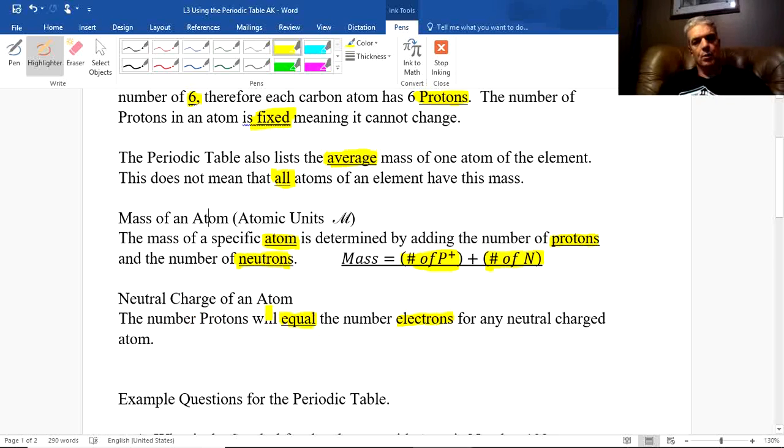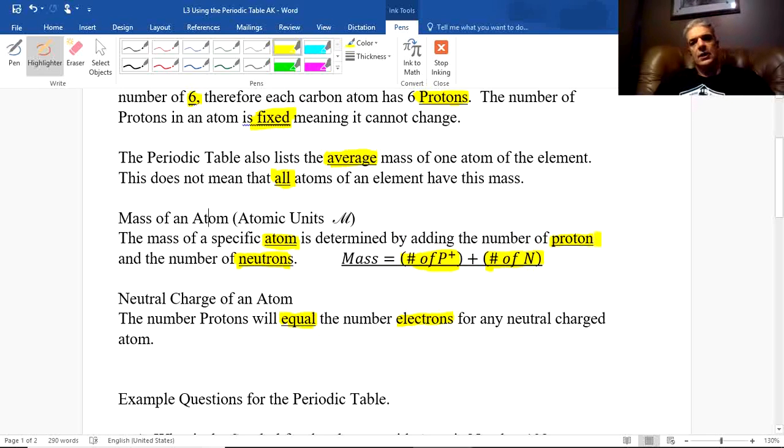The number of protons equals the number of electrons. They're equal to each other. And later on, we're going to look at atoms where this is not true, but for now, this is how it will be. And it will be the electrons that we can change. We can add and remove electrons. We can't add or remove protons, but we can add or remove electrons.